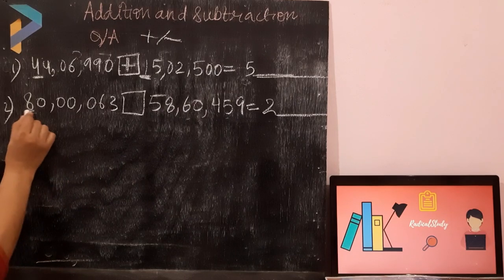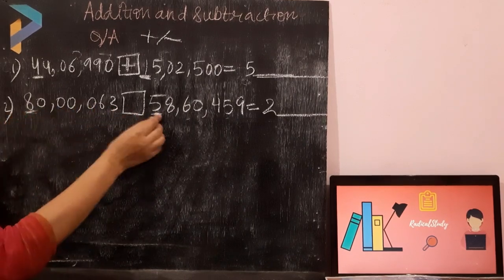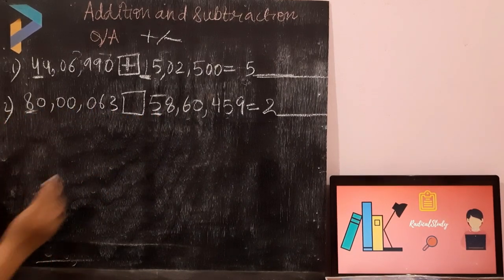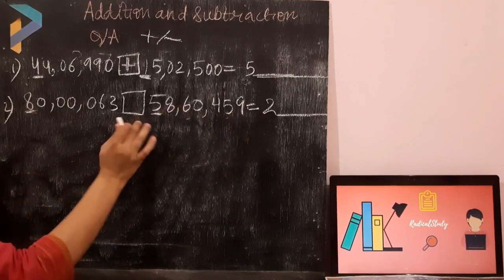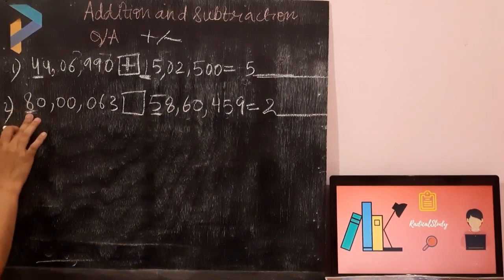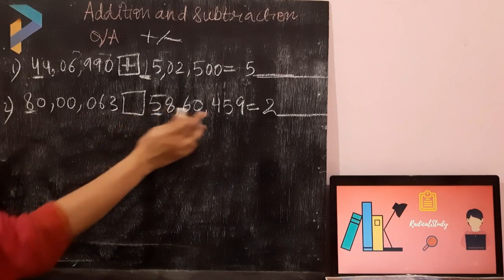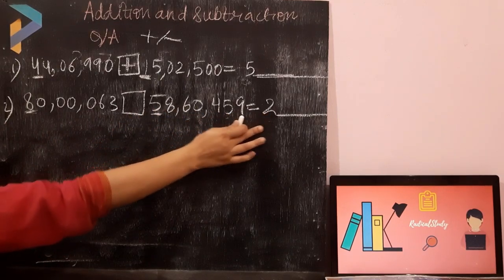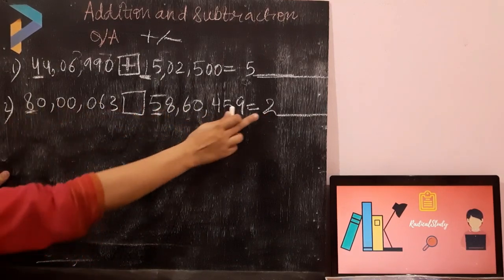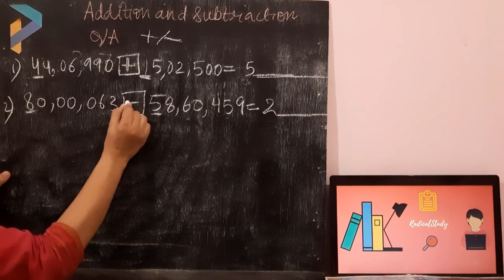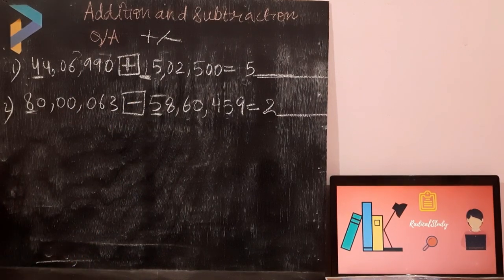Now this is 8 and this is 5. 8 minus 5 is 3, but here it is 2. That means we must have taken carry. 8 would have become 7, and because of this, 2 came here. That means the number is less. So here it is subtracted. So this is how you will identify whether we have added or subtracted.